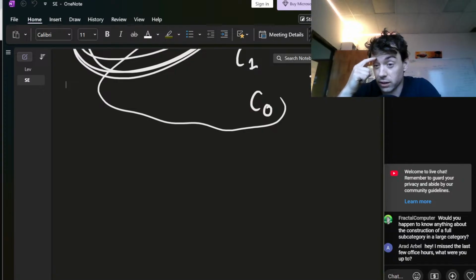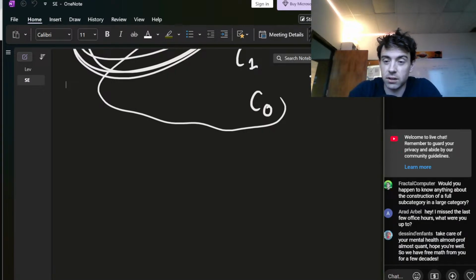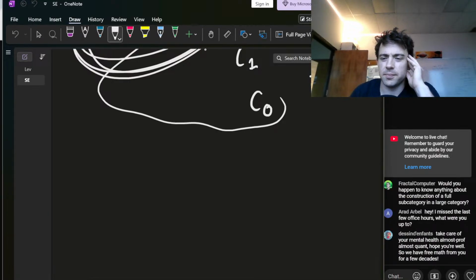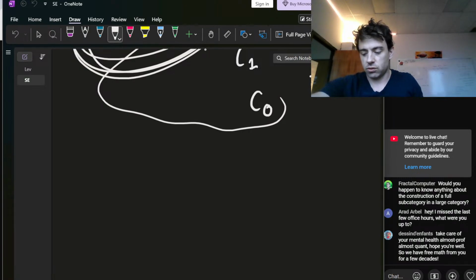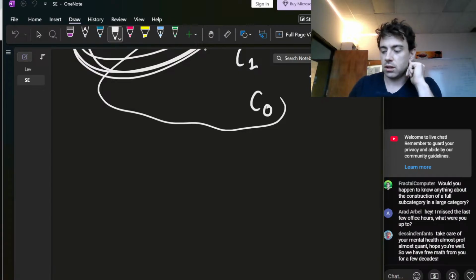It's not like there's an algorithmic procedure. Really, it basically just amounts to picking some collection of objects. You just pick a sub-collection of objects, and you take all the maps between them. And that's pretty much it.